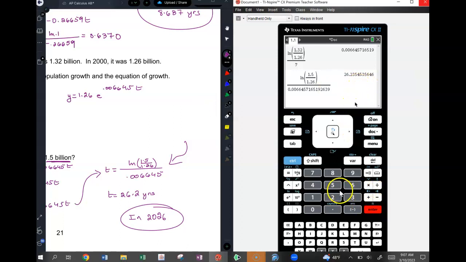Now here's why that's a better way. Suppose you want to do some other number divided by the k. Where was the k? It was several steps ago, right? If you do second answer, it'll just give you the previous answer of 26.